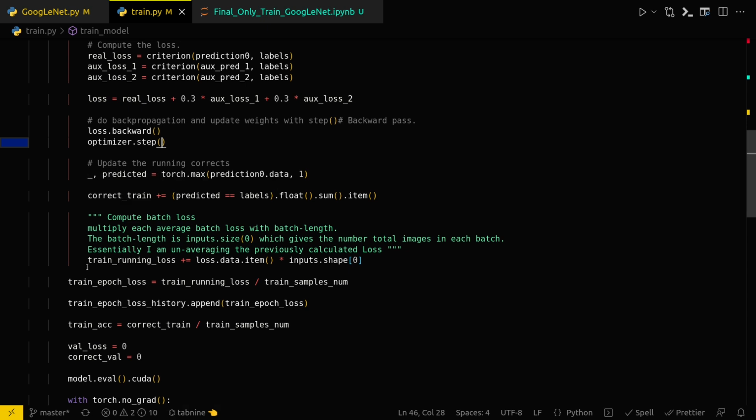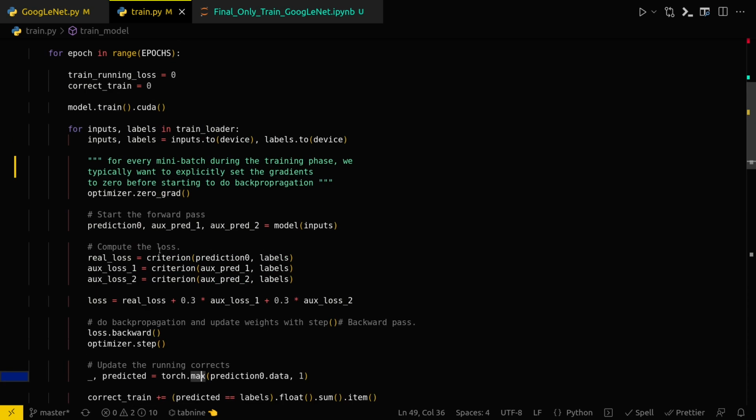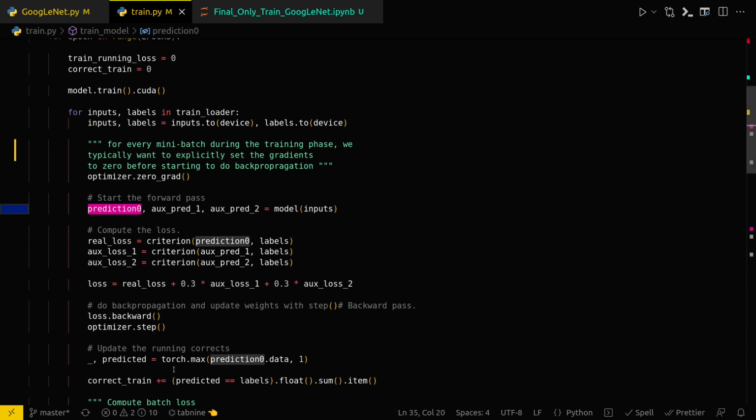Then I have to get the actual predicted values and also update the correct values, which will be needed for calculating the accuracy. So here we're invoking torch.max on this prediction 0, which I got here. On that I have to apply torch.max to get the maximum value from the vector, which will be my prediction from the model.